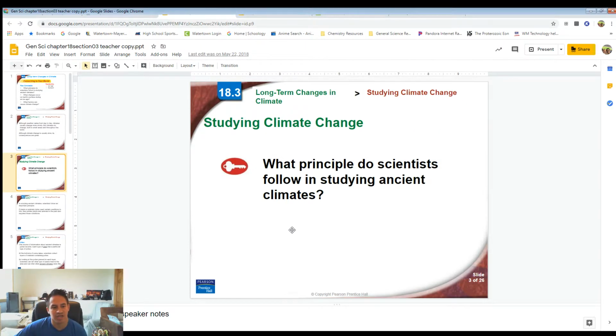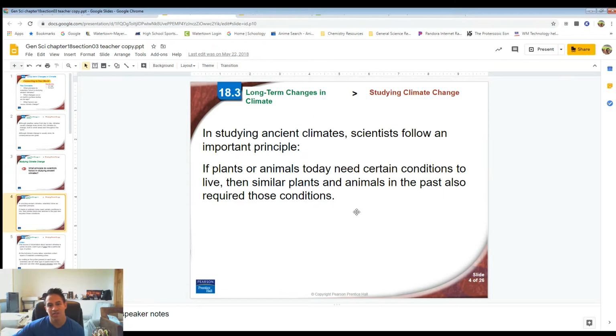So when we are looking at ancient climates, there's a principle that scientists oftentimes have to keep in mind, and that is that when they're studying ancient climates, we basically have to make the assumption that if plants and animals today need certain conditions to live, then it's very likely that plants and animals in the past also needed those same conditions.